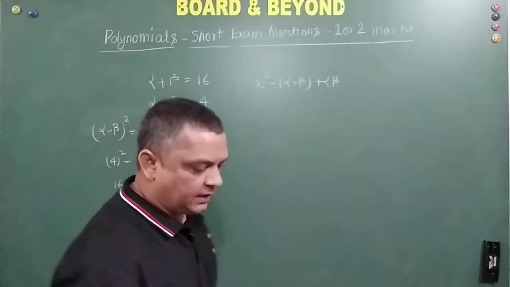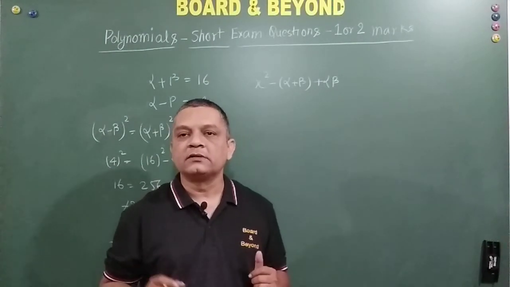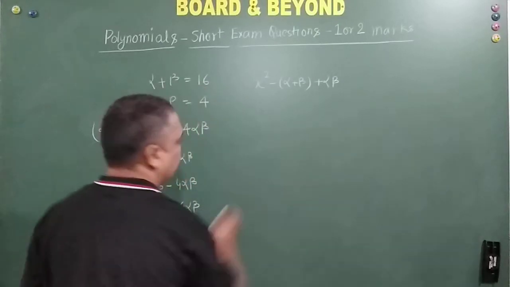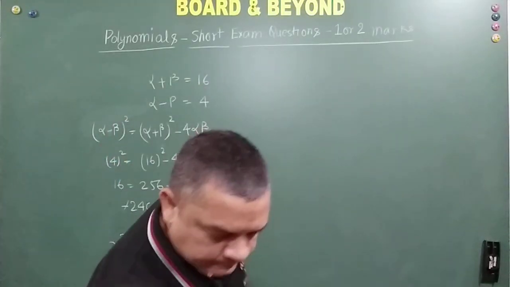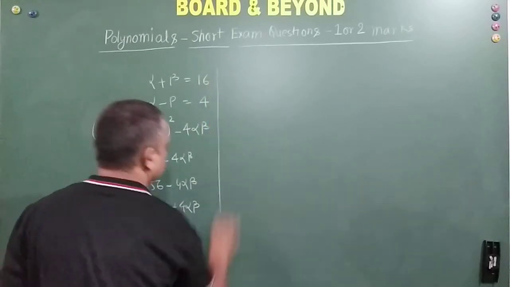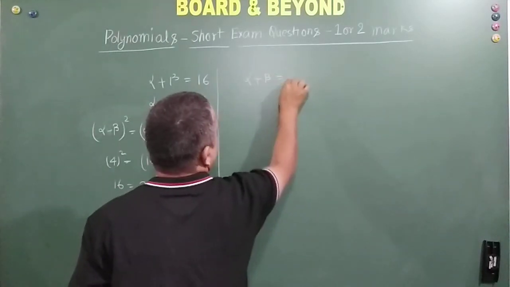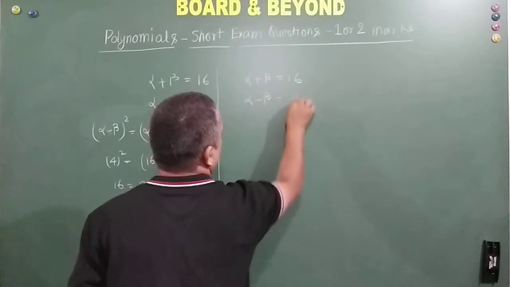Now if you are well versed with the linear equation in two variables, this becomes a little simpler. How? Let's see. Alpha plus beta is known to us to be 16. Alpha minus beta is known to be 4.